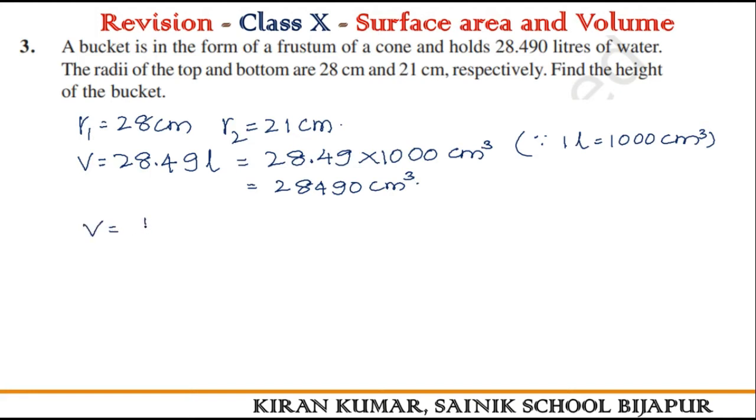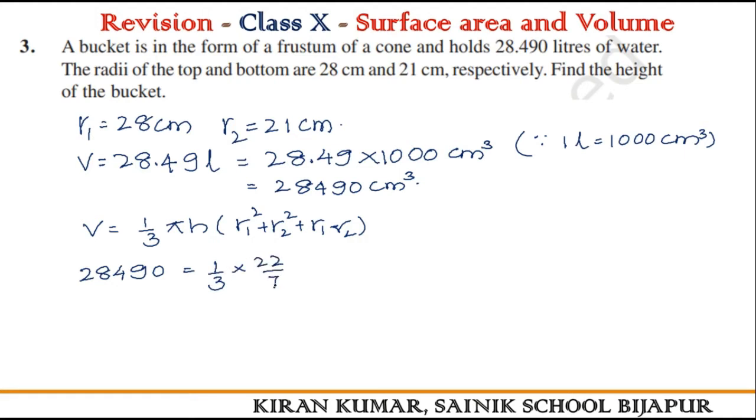Now we will make use of a formula. So volume is 1 by 3 times pi h times of R1 square plus R2 square plus R1 R2. Let's substitute the values. 28490 equal to 1 by 3 into 22 upon 7 into height we need to calculate. R1 square is 28 square, R2 square is 21 square, R1 into R2 is 28 times 21.